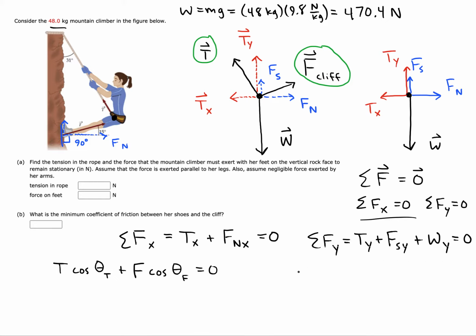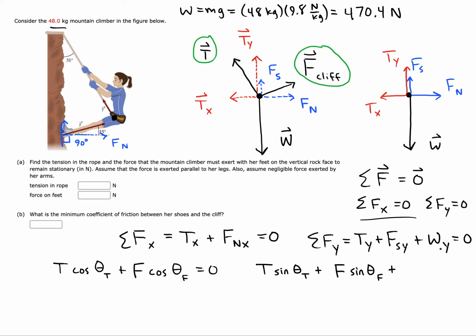Now over here I'll do the same kind of thing. I'll do T sine theta of T plus, here we've got the force of static friction in the y dimension, so that's going to be the force of the cliff times the sine theta of that force.